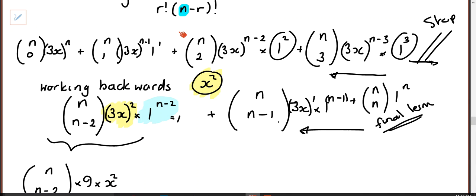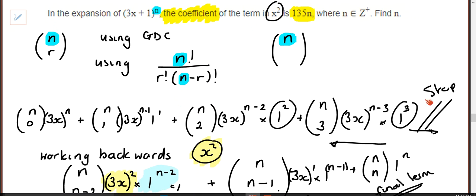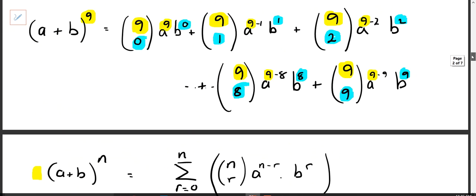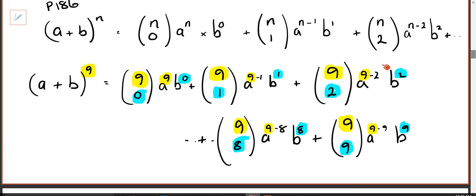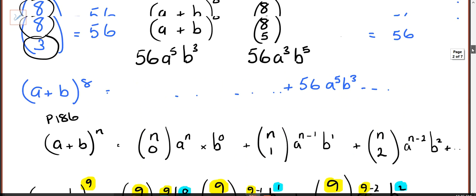Because when we do an expansion, going all the way back to the basics, look, the final term: if it's to the power of 9, it's 9, and it's a to the power of 0, so that's basically nothing, it's 1, and then it's b to the power of 9. So I'm going back to those basics.